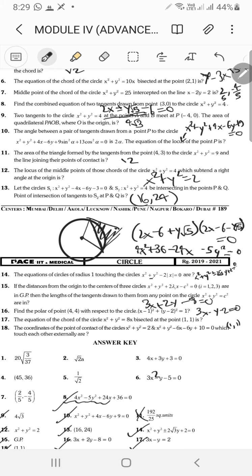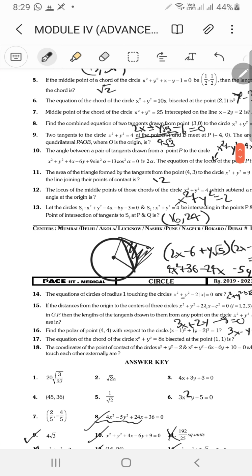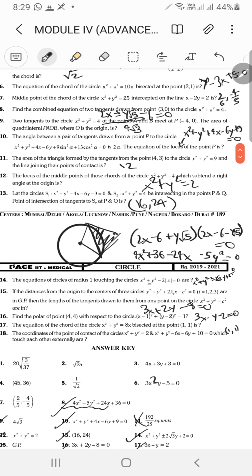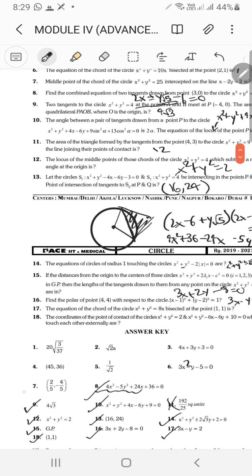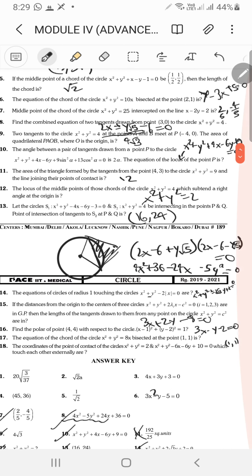So yeah, 8th is actually correct. 7th, middle point of the chord of contact, so 2 upon 5 and minus 4 upon 5. Yeah, that's correct. 6th, what is this 2 doing over here? 6th is correct.